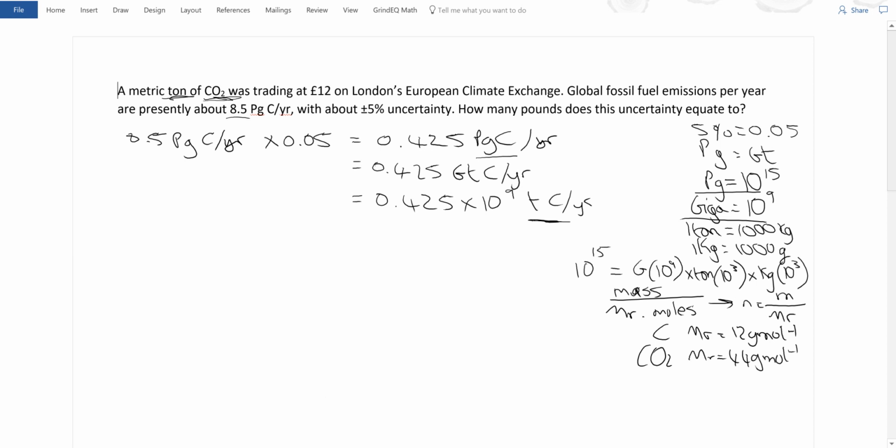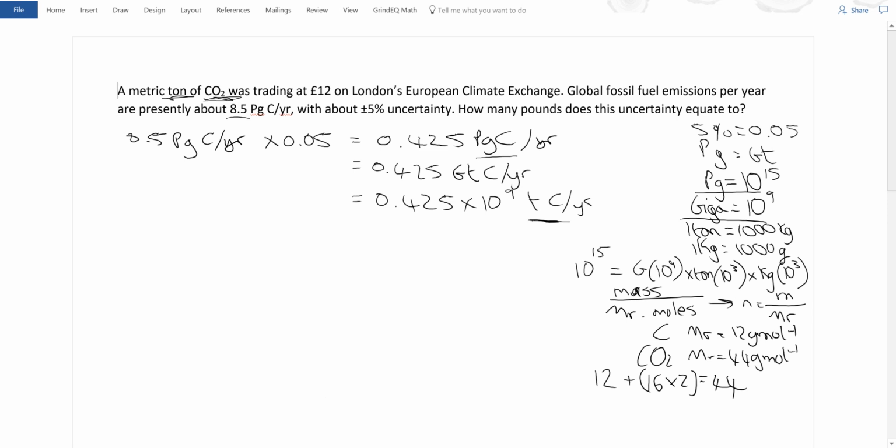And I can work this out if the molar mass of oxygen is 16, and I have 2 of those, and then I add on 1 carbon. That gives me the molar mass of carbon dioxide, which is 44.